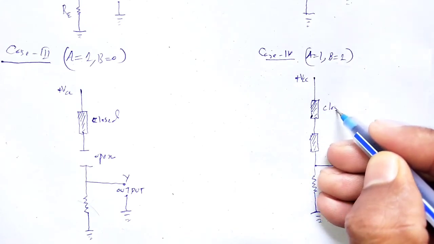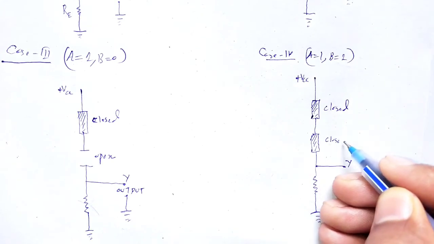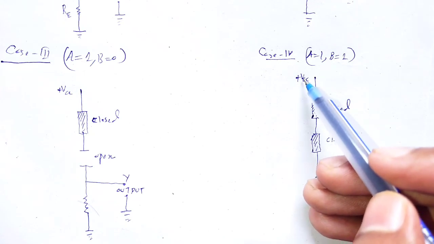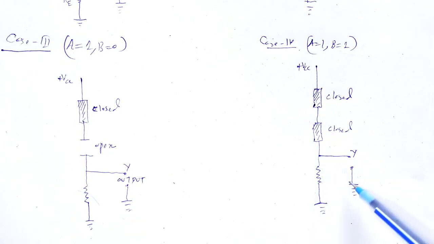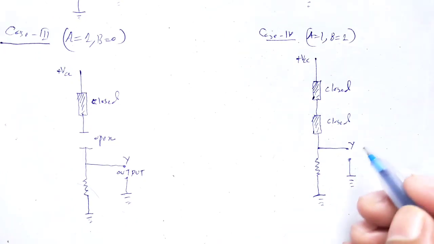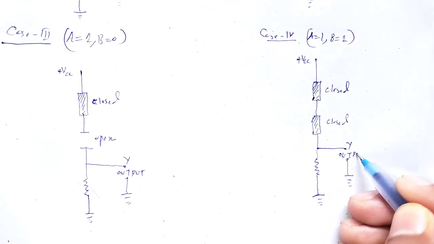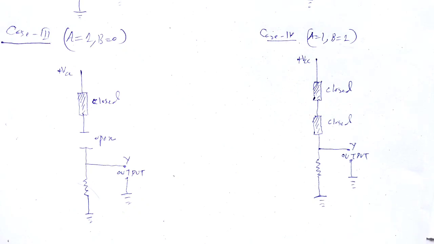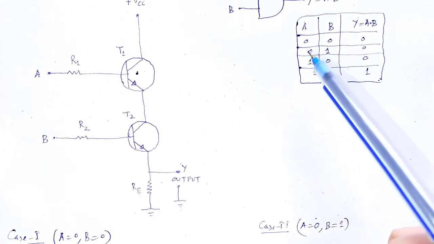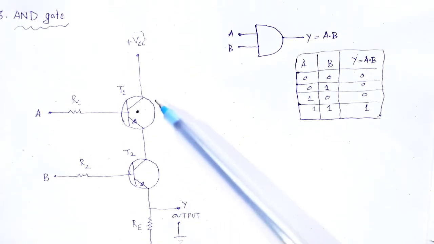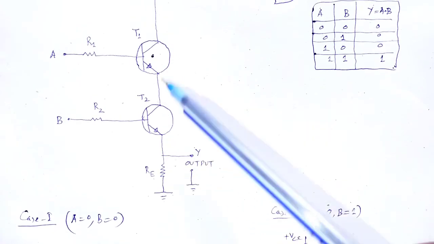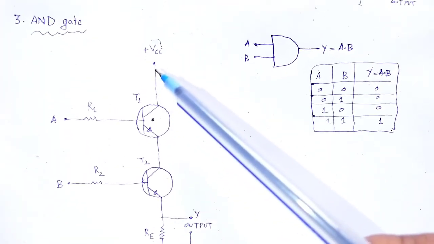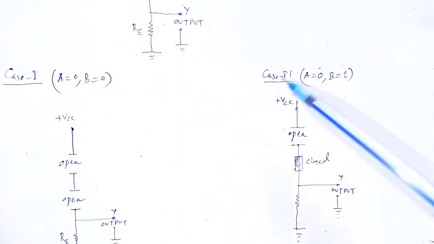That is closed, this one is closed, 1 1. So, VCC is just connected through these two transistors. Therefore, the entire circuit is completed, and finally at output we have high or 1. So, the truth table's possible situations are understood by taking two transistors connected in series. For AND gate it can be easily understood.